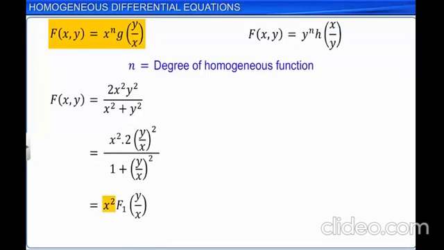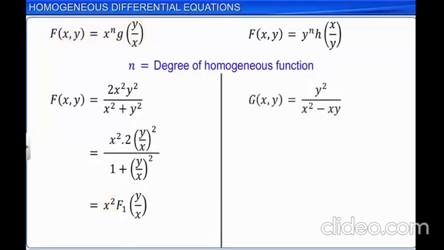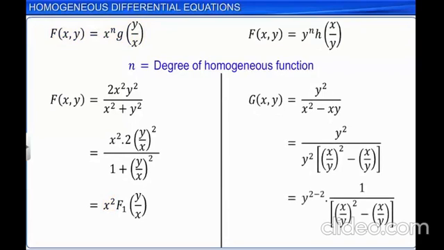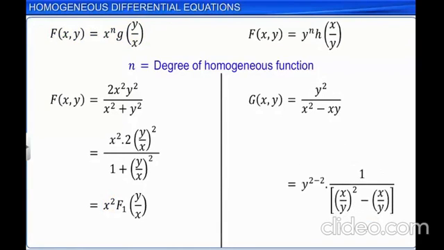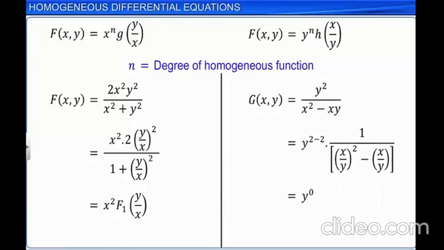Similarly, g of x, y can also be written as y raised to the power 0 into g1 of x upon y. Here, 0 is the degree of the function g of x comma y.